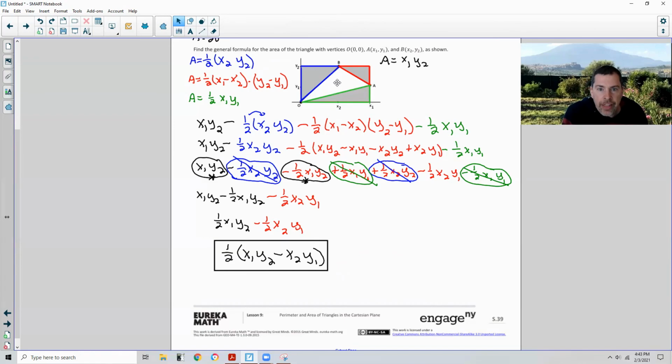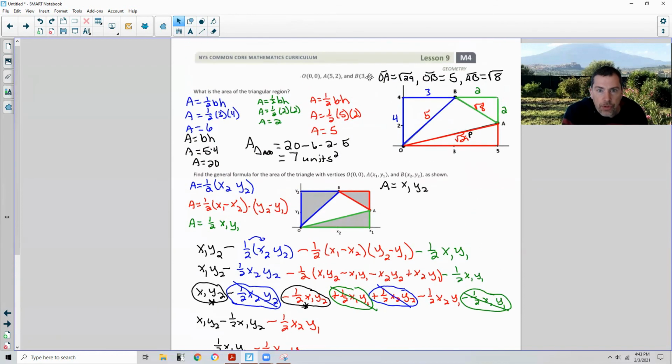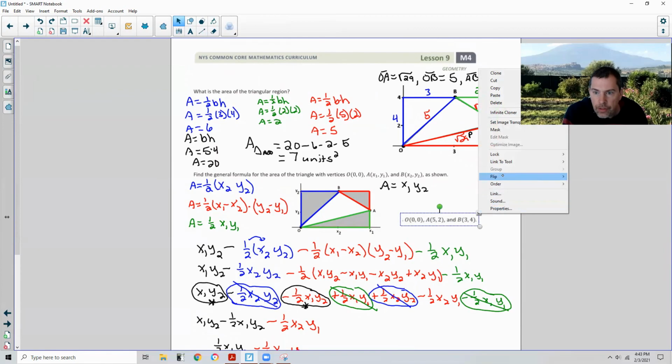So if I then knew values of these points like I do here in the last problem, 0, 0, 5, 2, 3, 4. So if I brought this down now, where is it? It's going behind. So let me move this to the front.